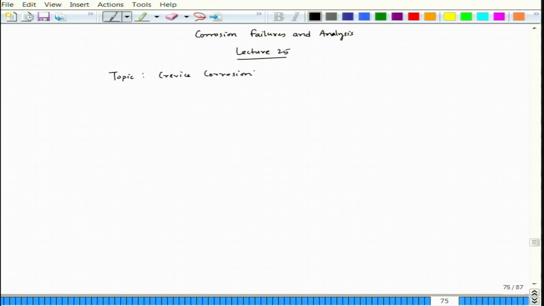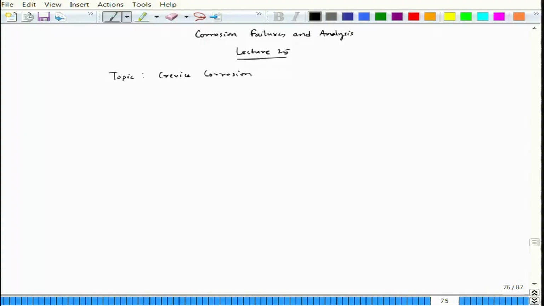If you recall our last lecture, we have in general discussed where you do experience crevice corrosion. In fact, wherever you have a formation of a thin slit where the electrolyte can get access to it, and which is not visible to the naked eye, that particular part is the region where crevice corrosion starts, and then from there it grows.